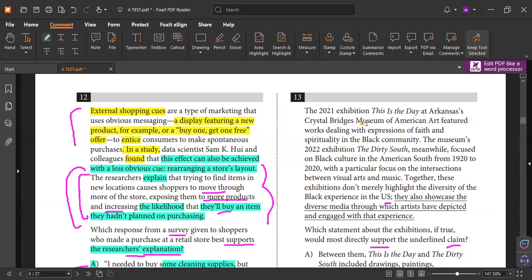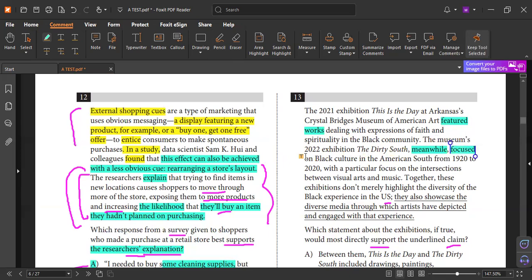2021, all right, featured works dealing with expressions of faith and spirituality in the Black community. The museum's 2022 exhibition, meanwhile, opposite, look.